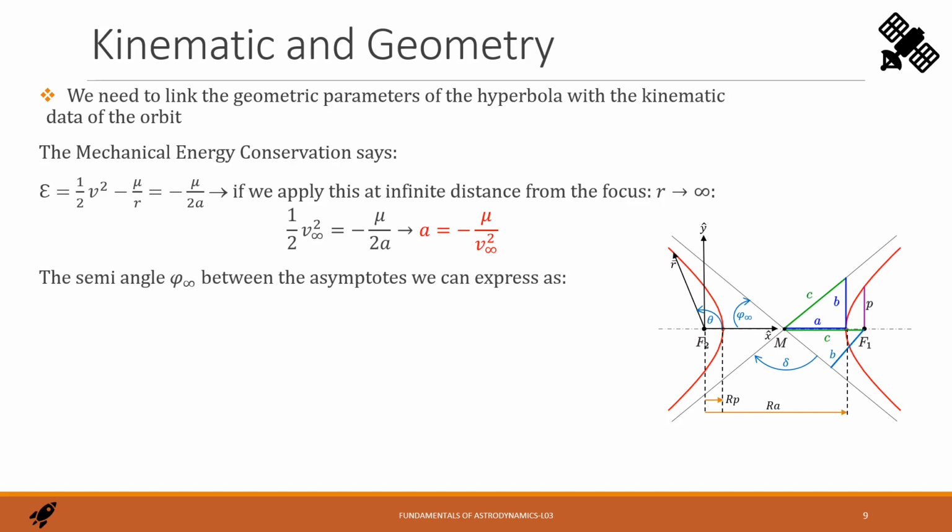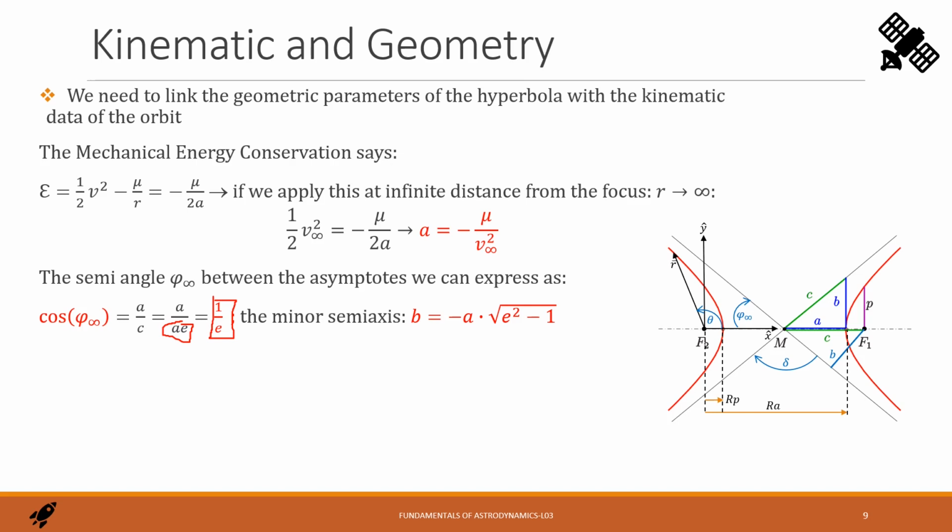The semi-angle phi infinite between the asymptotes we can write as cosine phi infinite equals A over C. But C is equal to A times E. Also, cosine phi infinite equals 1 over E.